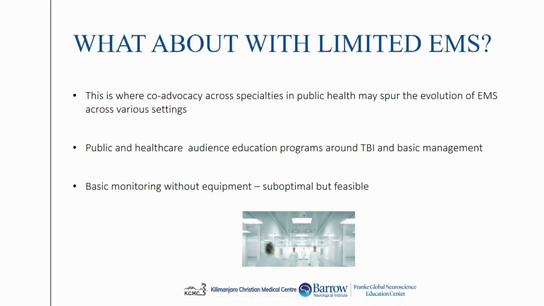And again, part of this is also advocating over time. If we don't have emergency services, how can we help to grow that over the long term? This is obviously not going to get fixed tomorrow, but how can we use this to help advocate for why emergency services in the field and pre-hospital transport is so critical to taking care of these patients? And TBI is just one piece of the equation.